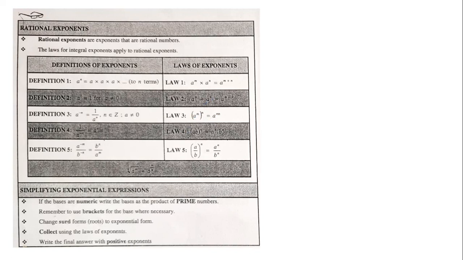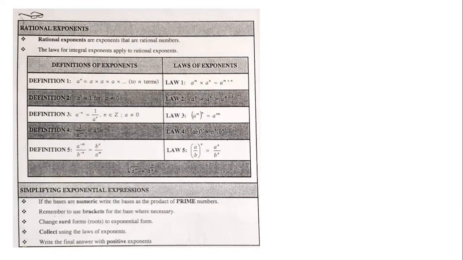And then law number 4 is similar to this law, but you need to understand that we have two different bases which are multiplied together and enclosed inside a bracket, and outside of our bracket we have the exponent.